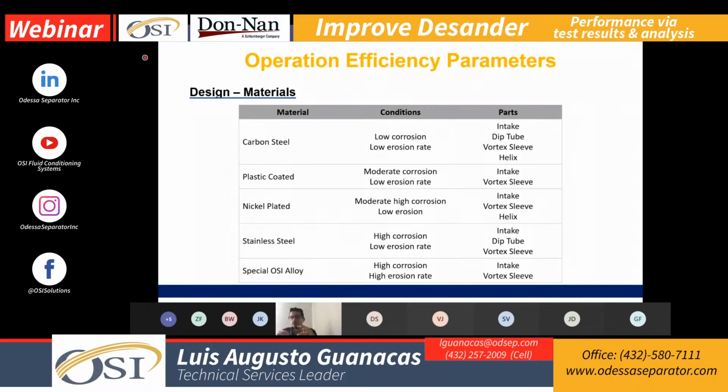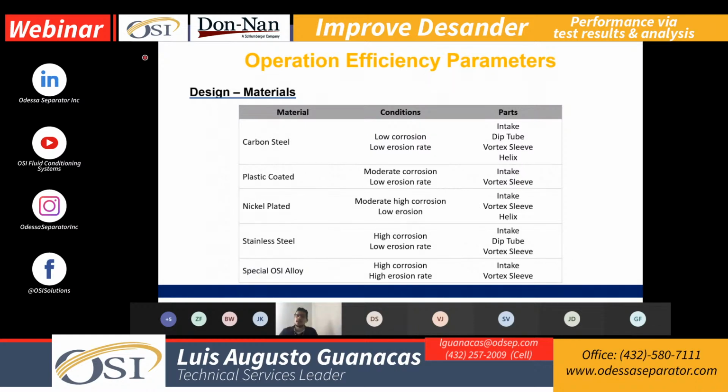So for new completion wells, or wells subjected to very frequent frac hits, this should be the material that you use because it's highly resistant. It will give you a longer runtime, longer production period, and you'll be really impressed by the result you can get with this type of material.